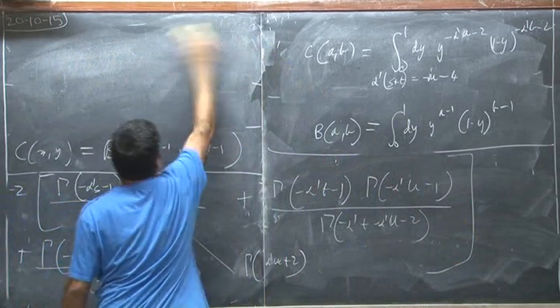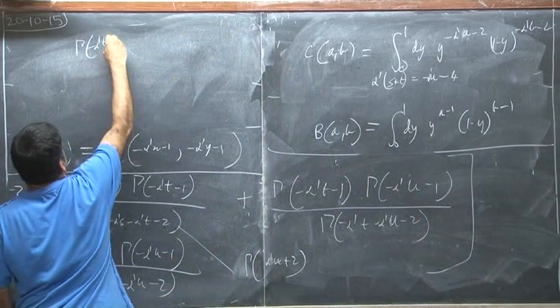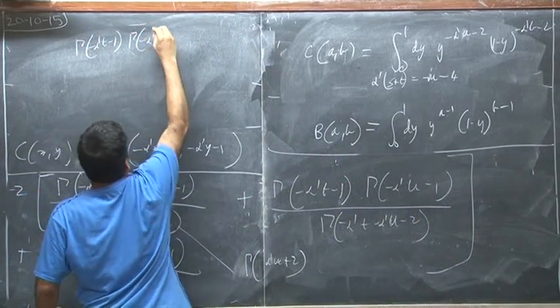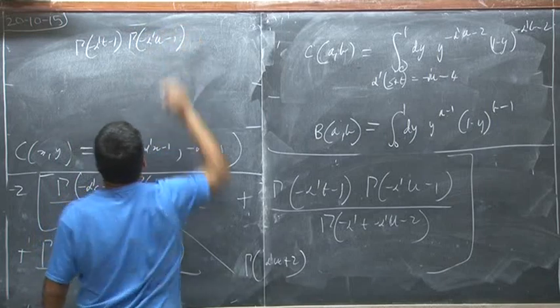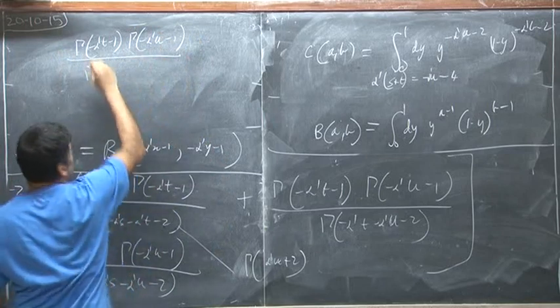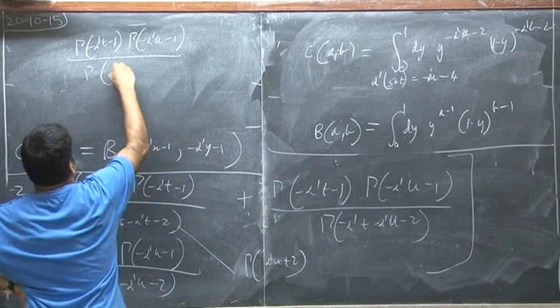Let's focus on this one: the one with gamma of minus alpha prime t minus 1, gamma of minus alpha prime u minus 1, and gamma of alpha prime s.